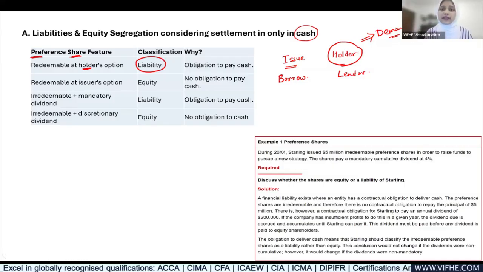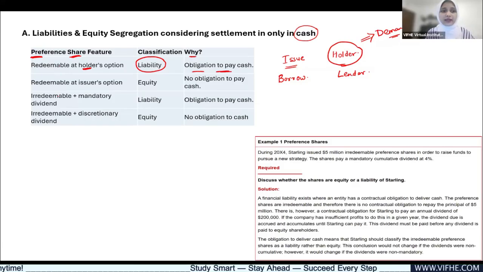You have an obligation to pay cash. What did the definition say for financial liabilities? That it's an obligation to pay cash. I've given the reasons in the third column. I hope everyone is clear till here.